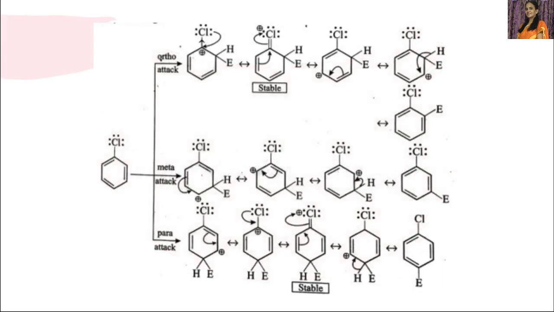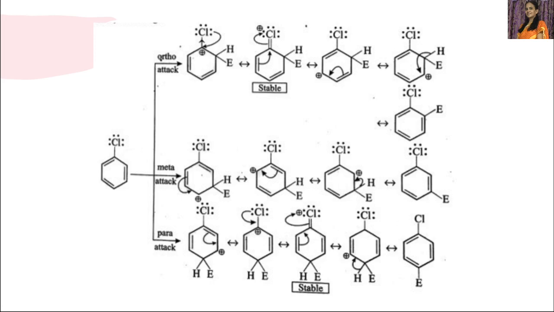Now, till now we have discussed different examples where we came across carboxylic acid, nitro group, nitrile or cyano group, then carbonyl group, that is aldehyde and ketonic group, and sulfonic acid group and halogens.